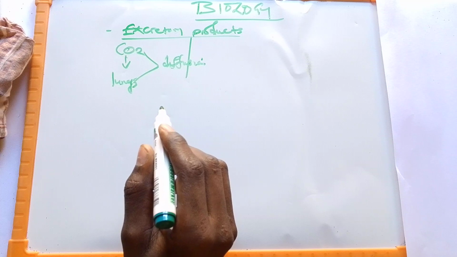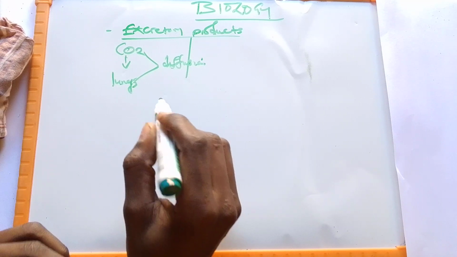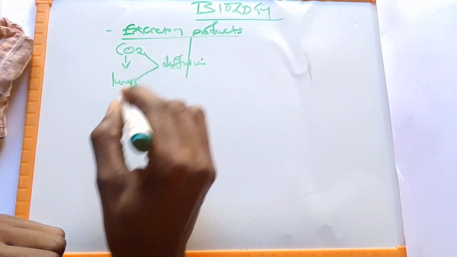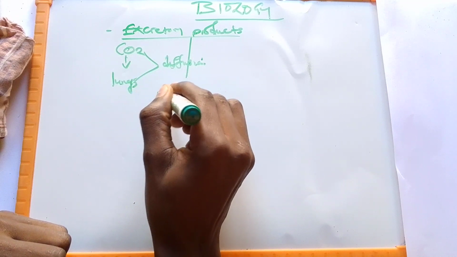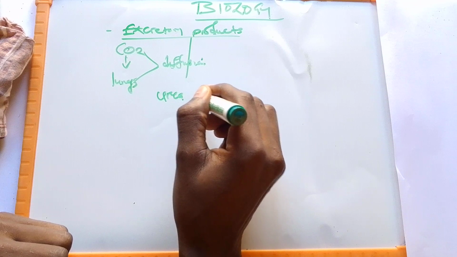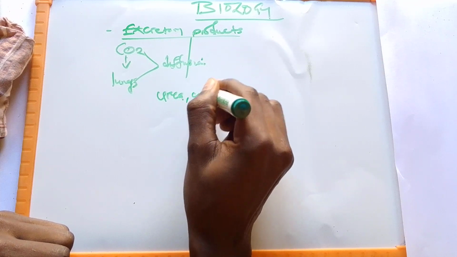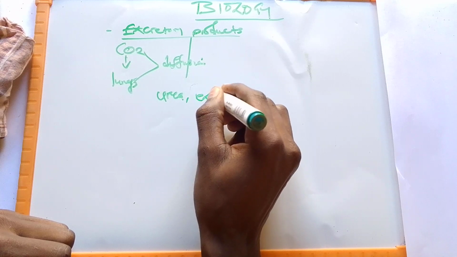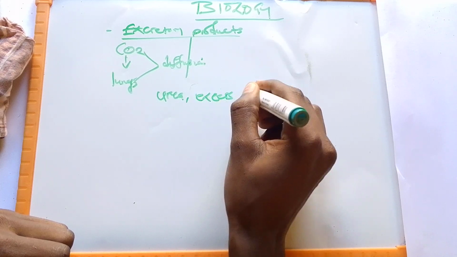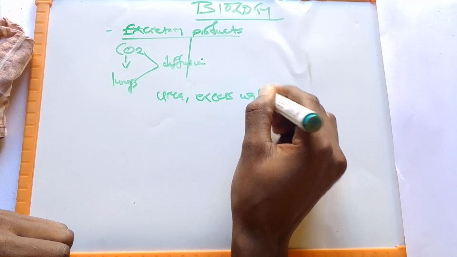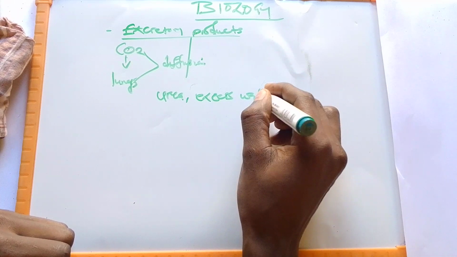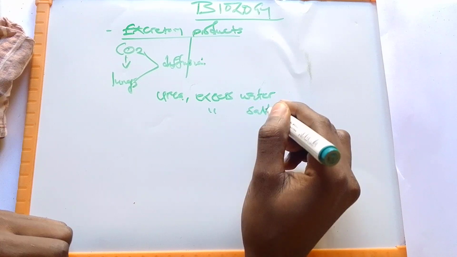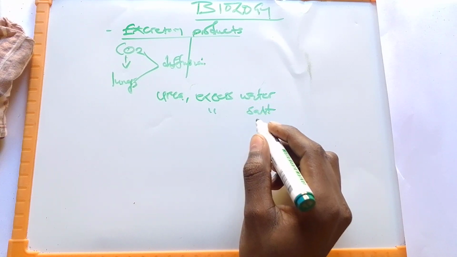All right, now let's talk about another waste product or excreted product. We'll discuss now urea, excess water, and excess salts.